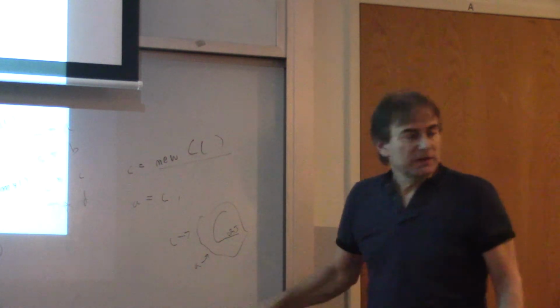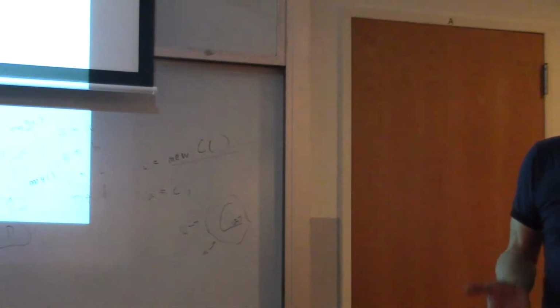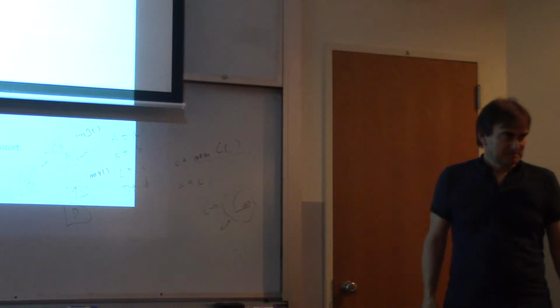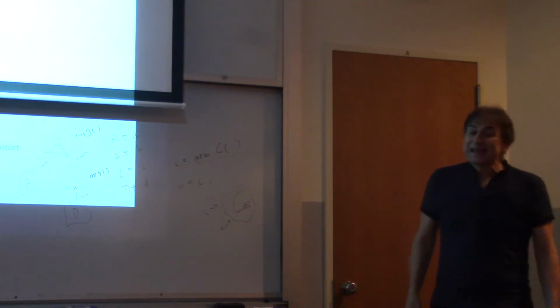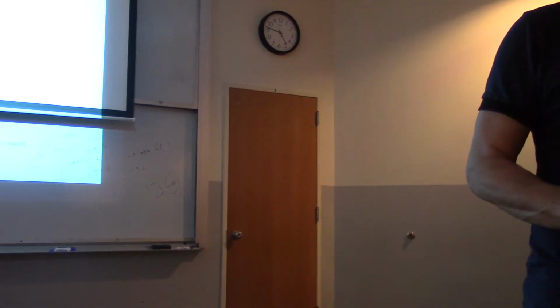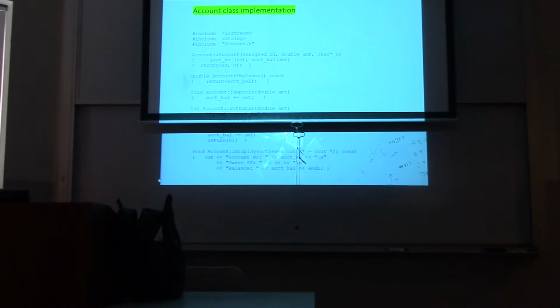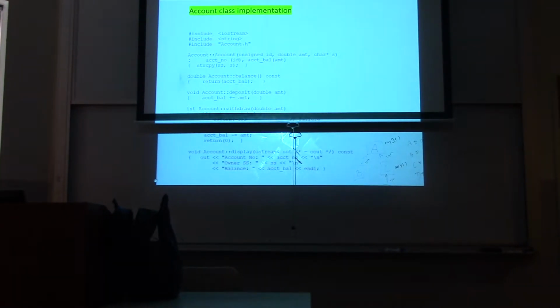The A pointer, even though it's pointing at a C object, cannot invoke appendant C methods. Any idea why? It should, because A is pointing at a C, right? Why not?